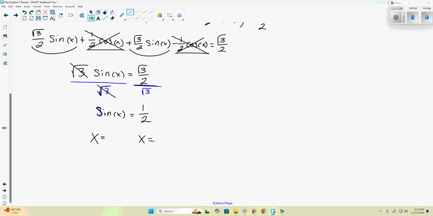Telling us that sine of x is equal to 1/2. Now at this point here, we can look at the unit circle, and we're trying to see where sine is positive 1/2, which is pi over 6. And the other spot where it's positive 1/2 is 5 pi over 6. And that's it.